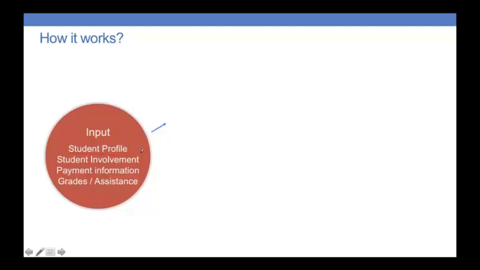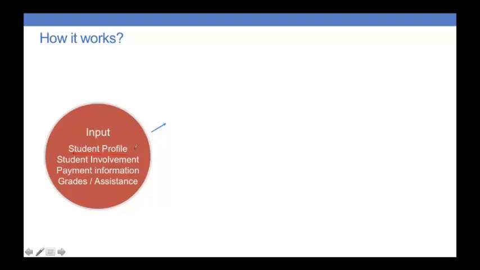So if we know the educational level of the parents, the GPA of the student, everything that we can know about the student, we bring that information. This is particularly relevant if we want to assess the risk of new students.